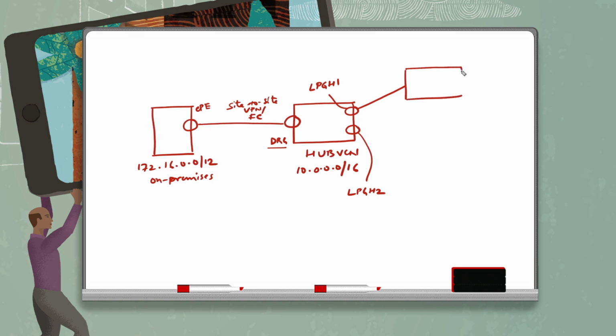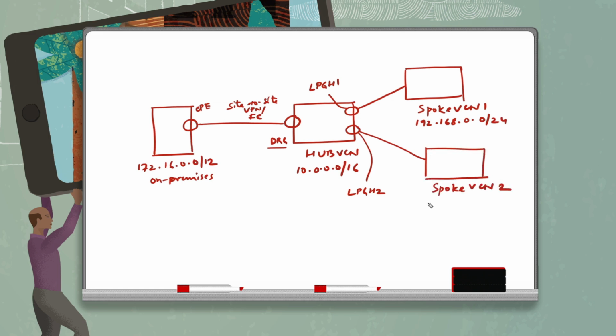So this is the spoke VCN1, and this has 192.168.0.0/24. And there is another spoke VCN. This is spoke VCN2, and its CIDR is 192.168.1.0/24.